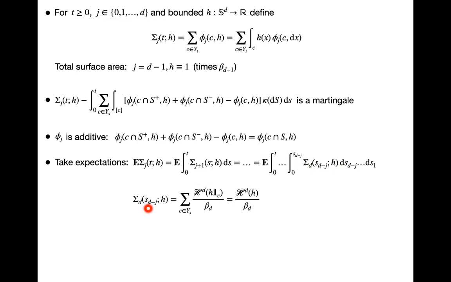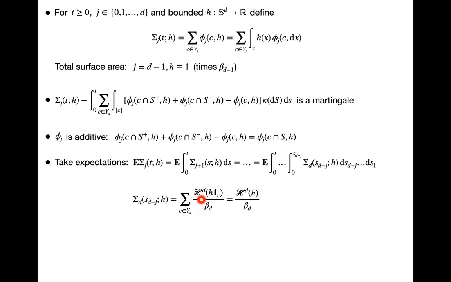Well, sigma d by definition is the sum over all cells. Then you have to integrate your function h over C. And you have some normalization, which comes from the normalization of this Hausdorff measure here, so not important. And so you now can make use of two things.